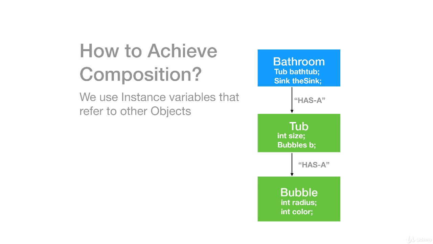The same thing we can do with our tub, right? Inside of our tub, we know that tub has bubbles. That means we can have an instance variable of type bubbles inside of our tub. So now, inside of our tub object, we can reference bubbles. So we were able to create this composition as opposed to using inheritance.